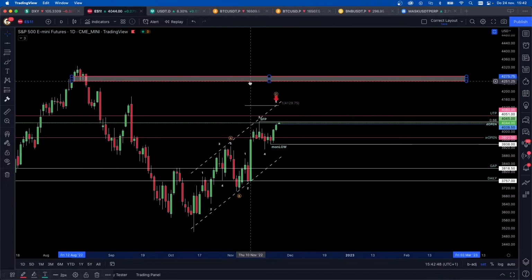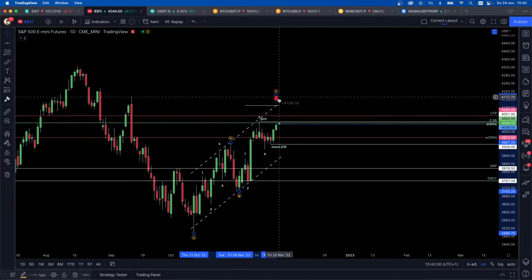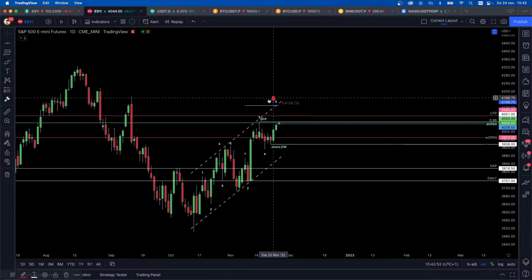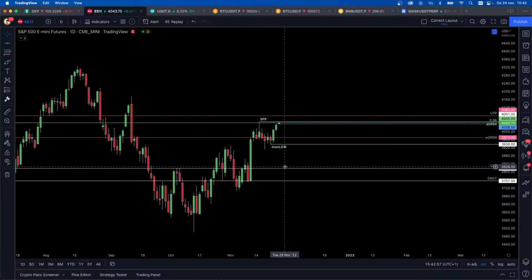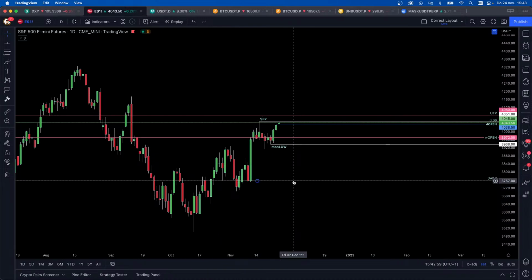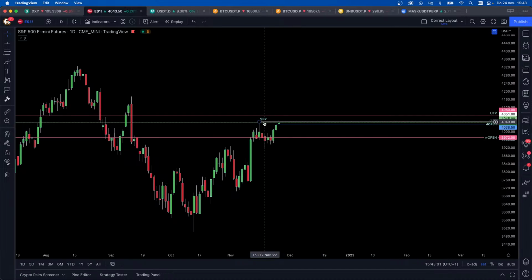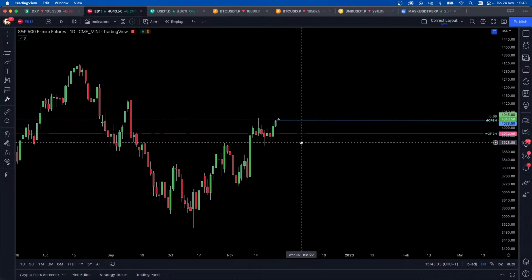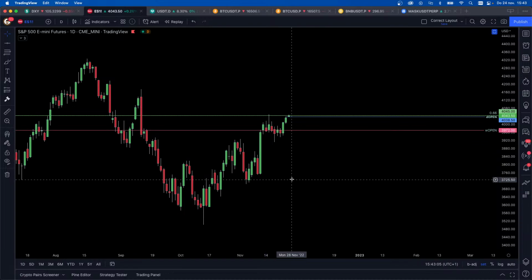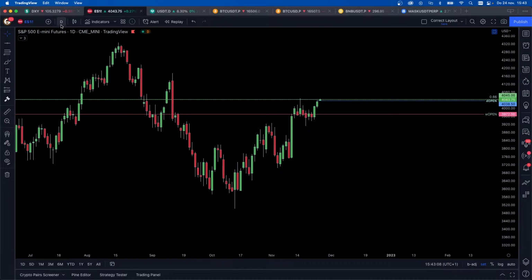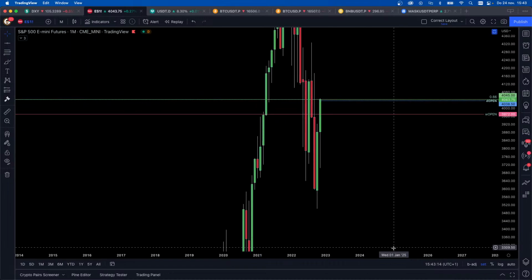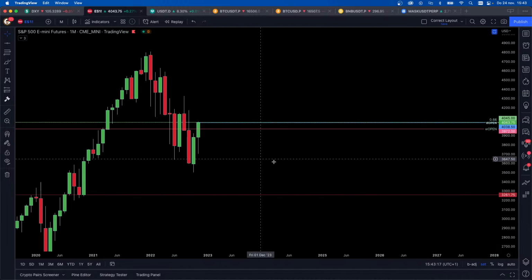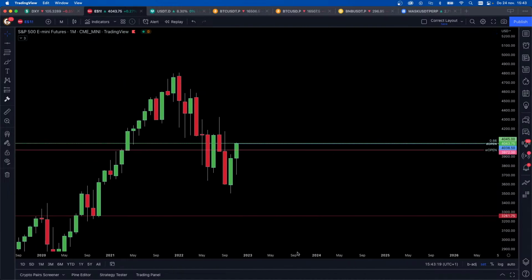What else could you add to a chart like this? Let's say you have to start from scratch over here. So you start on a daily chart, and you have the daily open and the weekly open. What else can you add on a chart? Well, I've already shared my latest video on YouTube, how to make an analysis from scratch.